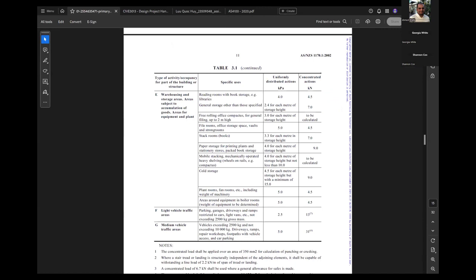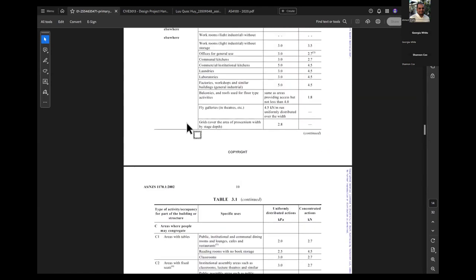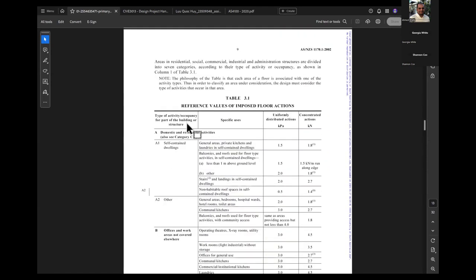Yeah. So if we look at this table, this table is Table 3.1 in AS 1170.1, because you need to refer to the references you use. This gives reference values for imposed floor action. Why are we looking at this table? Because this is floor action, right?